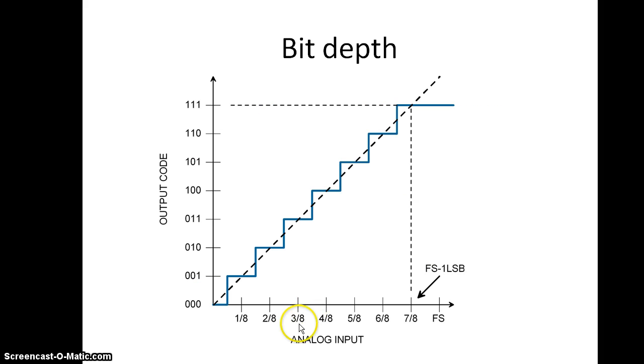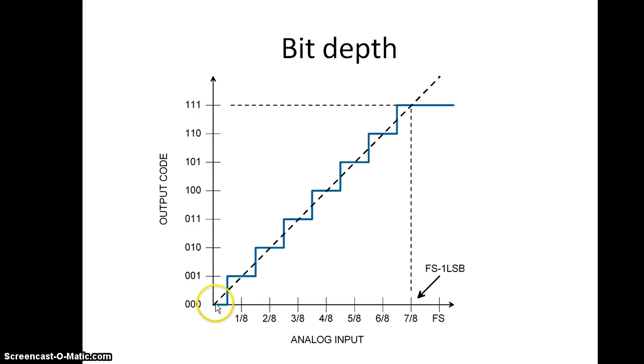The next photo I want to show you is the relationship between the output code and the analog input. If this would be the maximum signal we could get, maybe, I don't know, 2 volts, then we would get a data output code like 111, and this would be a 3-bit word length, which would give us 8 values.